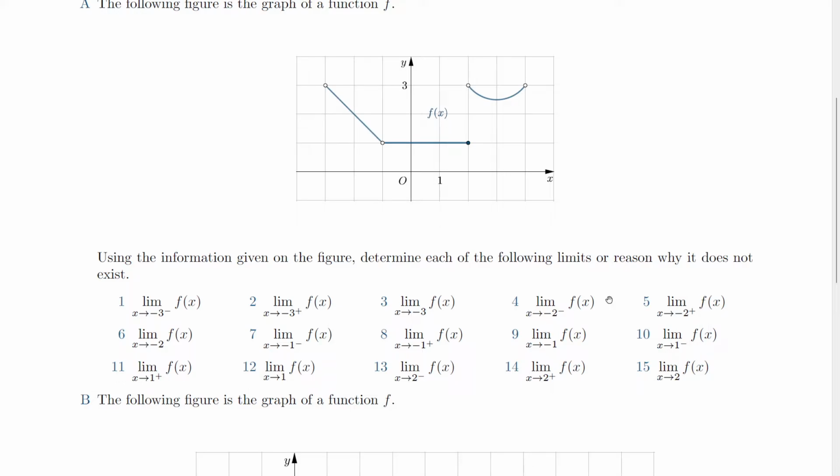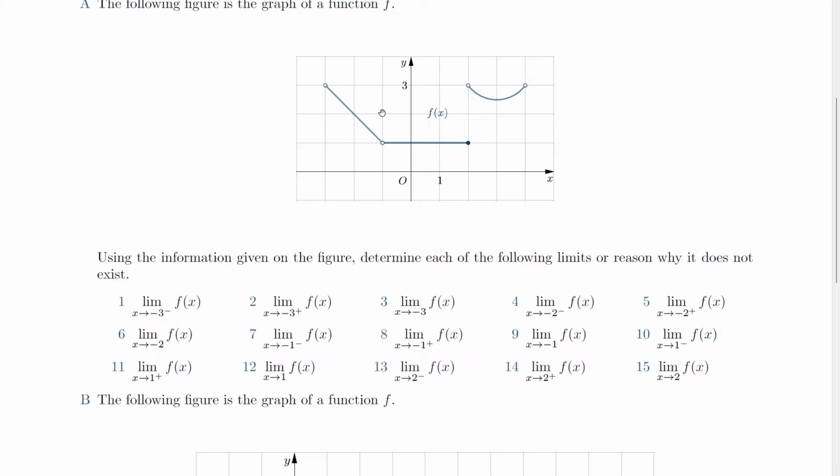What about the right-hand side limit? Exactly at minus 2 again, what is that? 2 again. Do you agree? If I insist on asking what is f of minus 2 in this case, f of minus 2 is still 2.